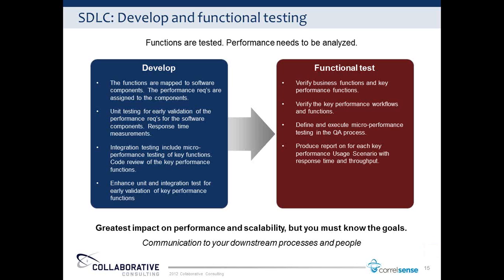Oftentimes it doesn't even get noted or gets pushed back, or later on when it's running a performance test, the functional team will say, oh yeah, that was slow for us as well. So it's really about getting early indicators and allowing it to happen and sharing that information.